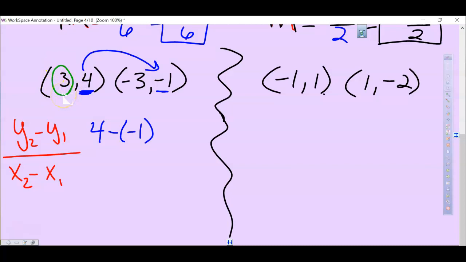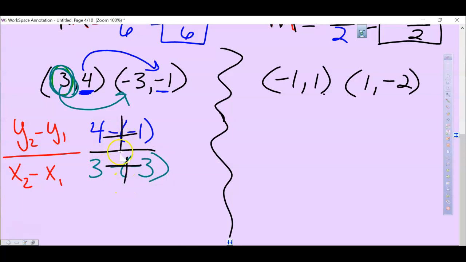I started with the 4, which means I have to start with its corresponding 3 for the denominator. So it's 3 minus -3. Okay. Well, we see a couple double negatives. That equals positive. We end up with a slope of 5/6.